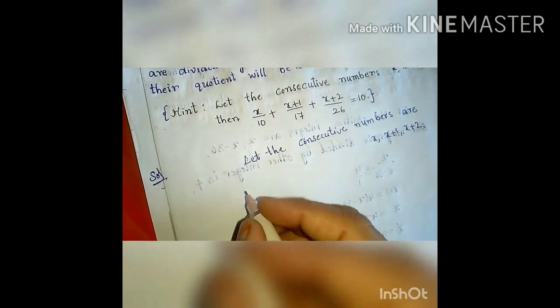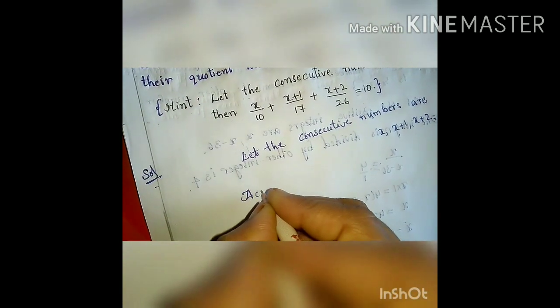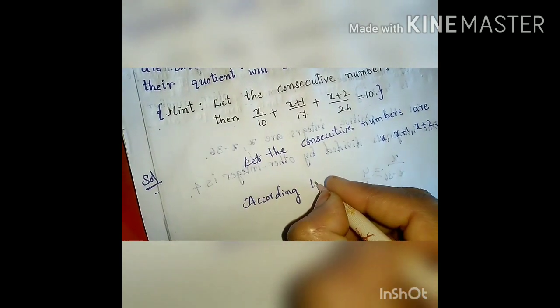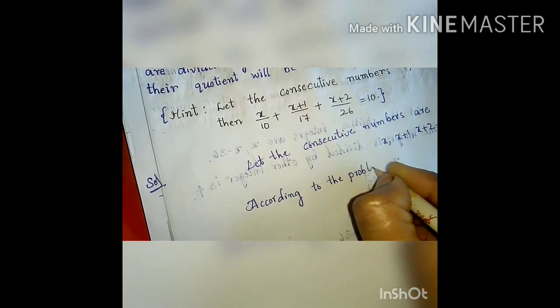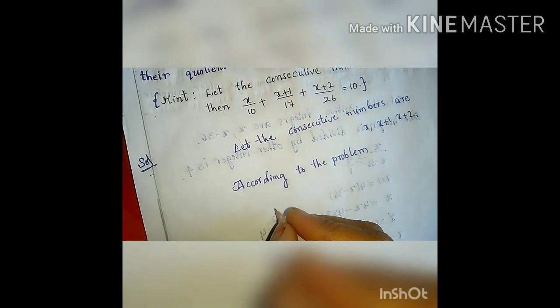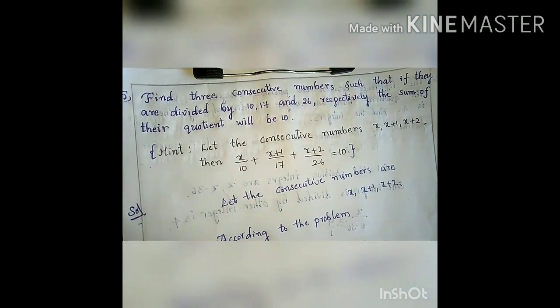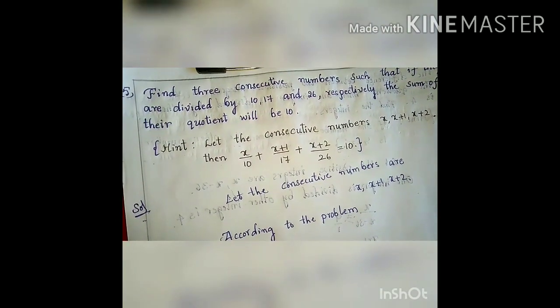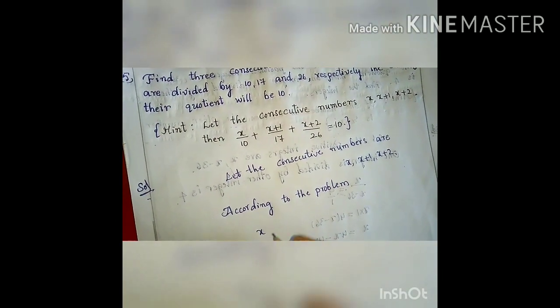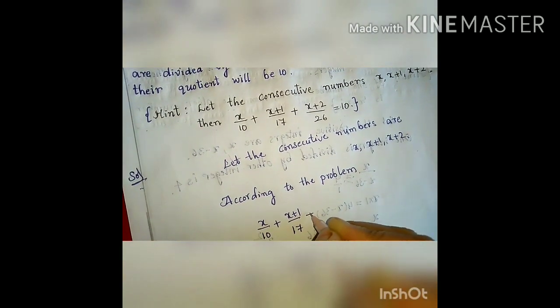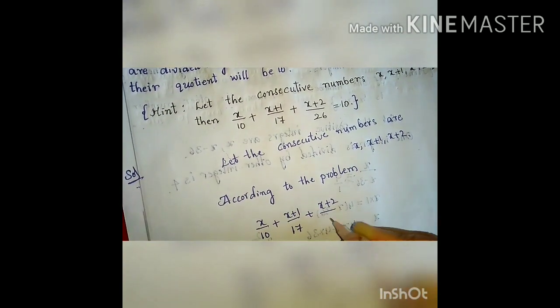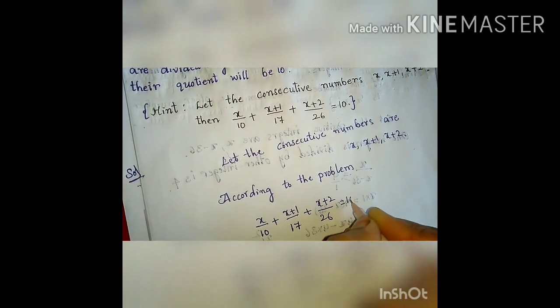Then according to the problem, the three consecutive numbers are divided by 10, 17 and 26. So x by 10 plus x plus 1 by 17 plus x plus 2 by 26 equal to 10.